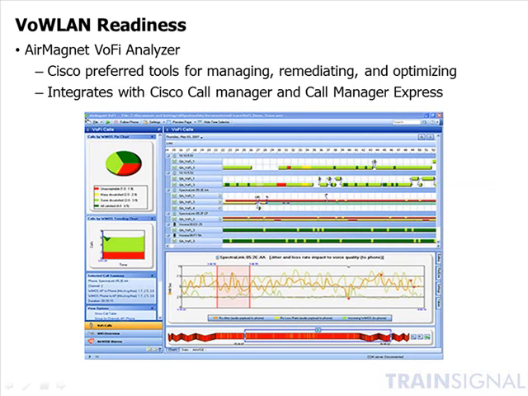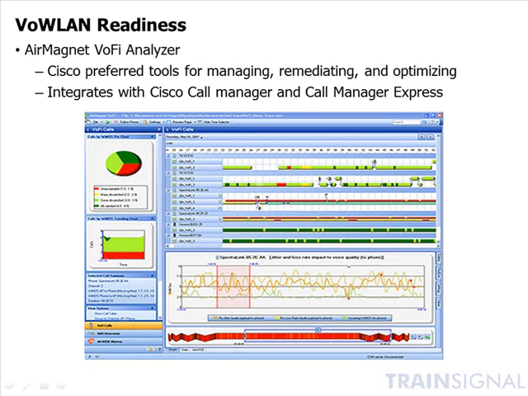So one of the tools preferred by Cisco for going out into the RF environment and taking measurements on voice performance is the tool that we were talking about earlier, the AirMagnet analyzer. And if you remember, I told you that the Pro version included a Voice over Wi-Fi tool.